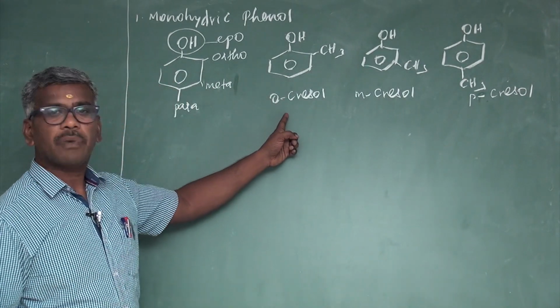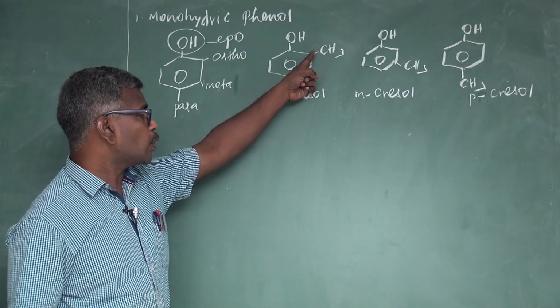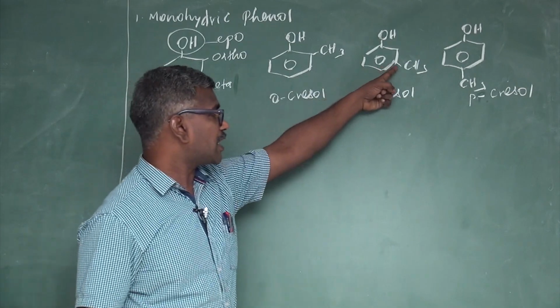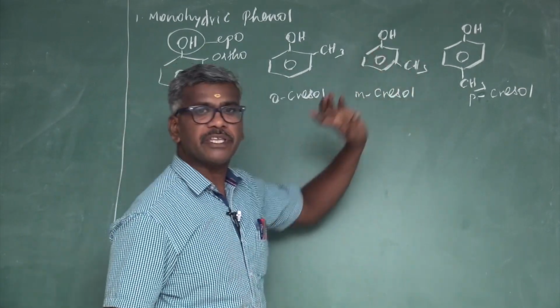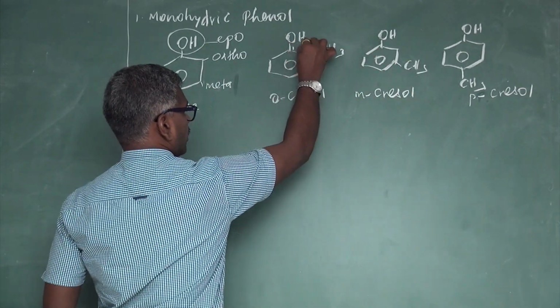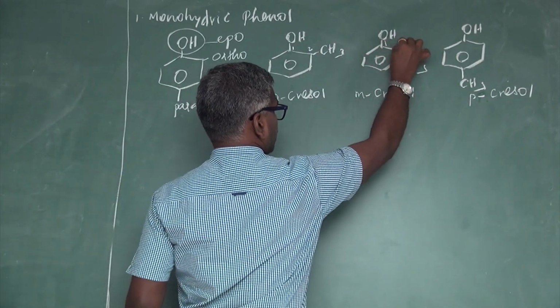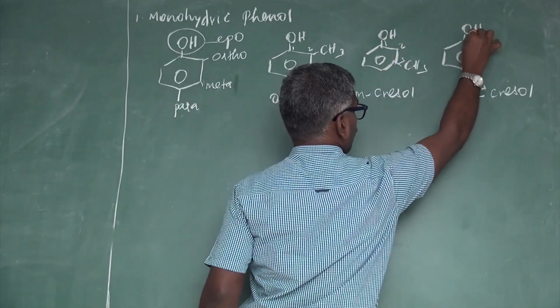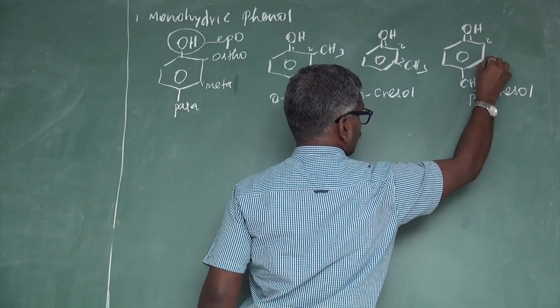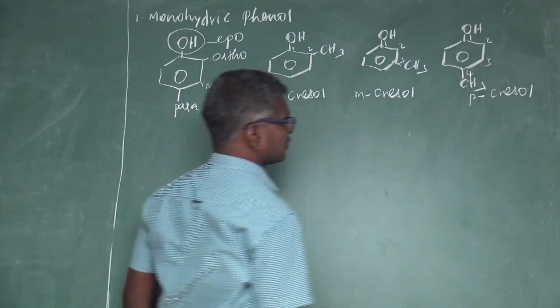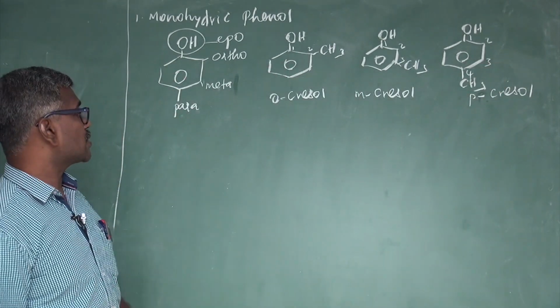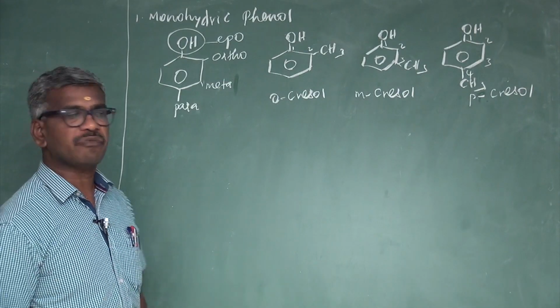These are the common names. IUPAC names: 2-methyl phenol, 3-methyl phenol, 4-methyl phenol. Numbering: 1, 2; 1, 2, 3; 1, 2, 3, 4. These are the compounds. Another one is substituted phenol.